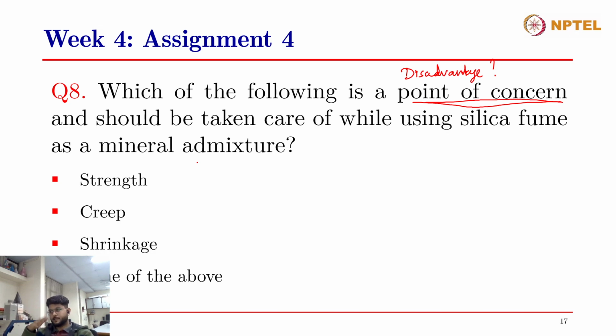Which of the other parameters is a point of concern? Let's forget the why part. Which of the parameters is a point of concern? It's a disadvantage of adding a high amount of silica fume in concrete.